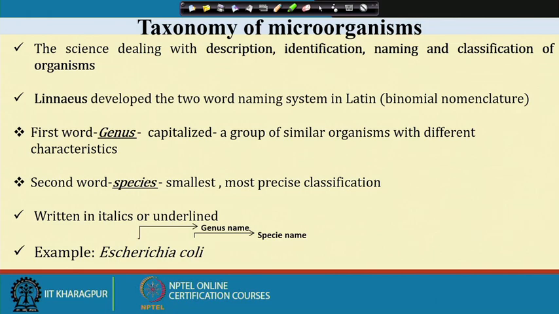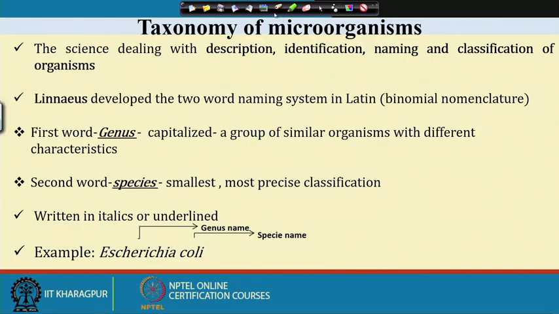So, let me first talk about the taxonomy of the microorganism. This is very important because of how we name the microorganisms. It is the science dealing with description, identification, naming, and classification of the organism.